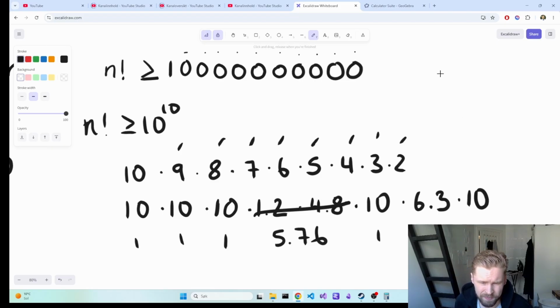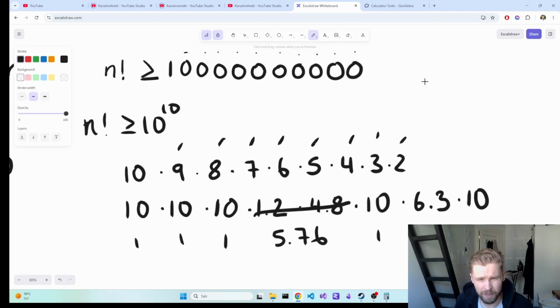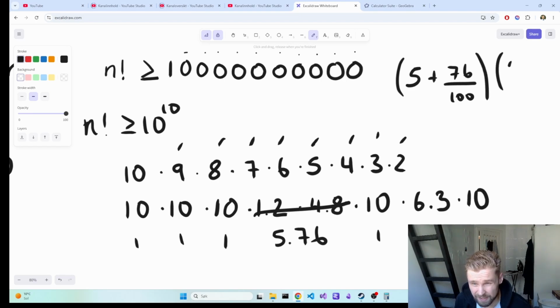So then we got 30, which is basically that, right? And then also, wait, what? I'm so slow in the head, dude. Whatever. So we got 5 plus 76 over 100. 6 plus 3/10. That will be 30.